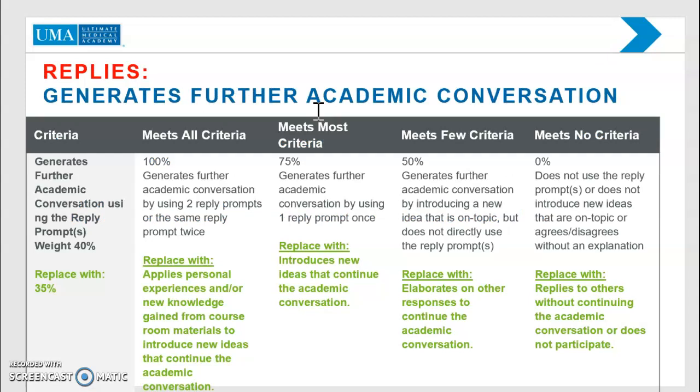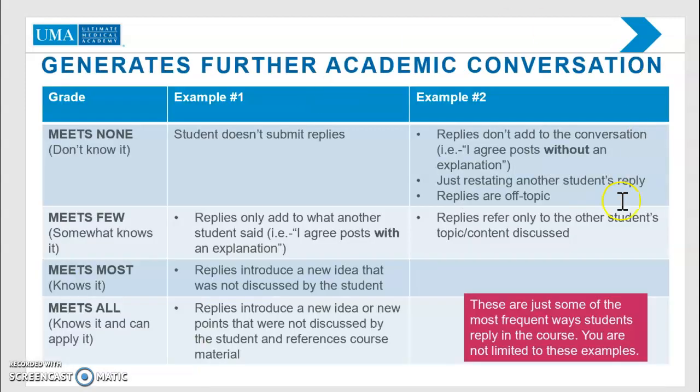Further, generating further academic conversation in your replies. What does that mean? Remember, you have to follow this thing right here that I have a good example from the school actually. It says meets none, meets few, meets most, meets all. So when it says meets none, that means you are not submitting anything. That could be number 1. Number 2 could be you said, I agree, and that's it, without any explanation.